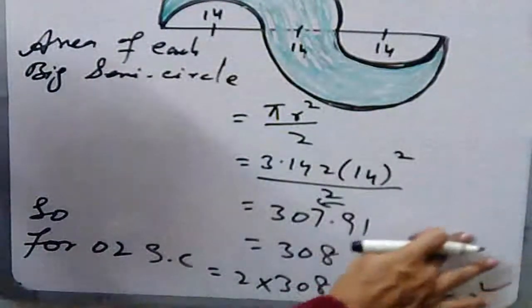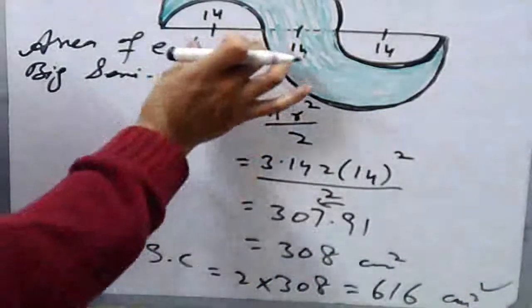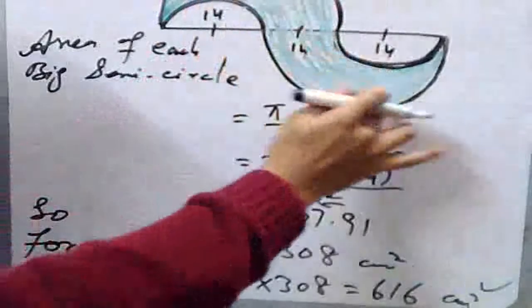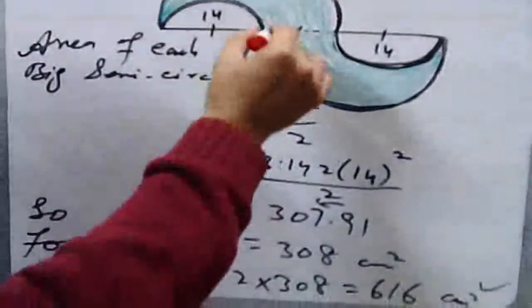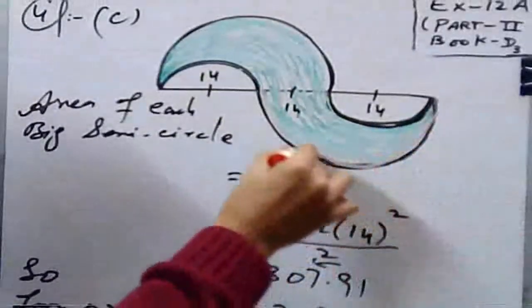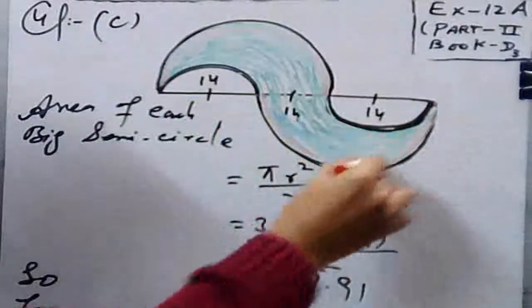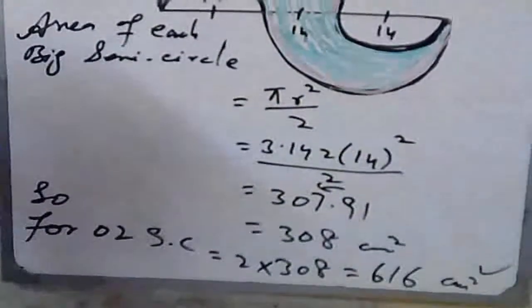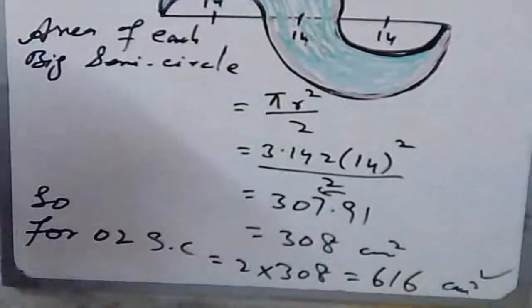So this is your important result, because we have 2 semicircles, that is the upper one and the lower one. These are your big semicircles, and we have calculated that both have an area of 616 centimeter square.